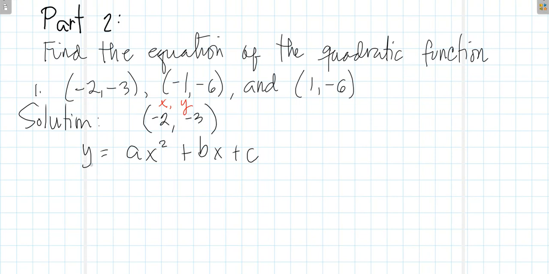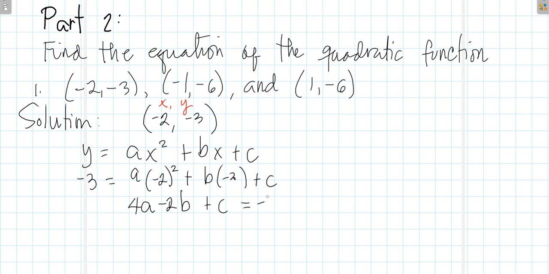So we substitute: -3 = a times (-2) squared + b times (-2) + c. This is the same as 4a - 2b + c = -3. So this is your equation 1.